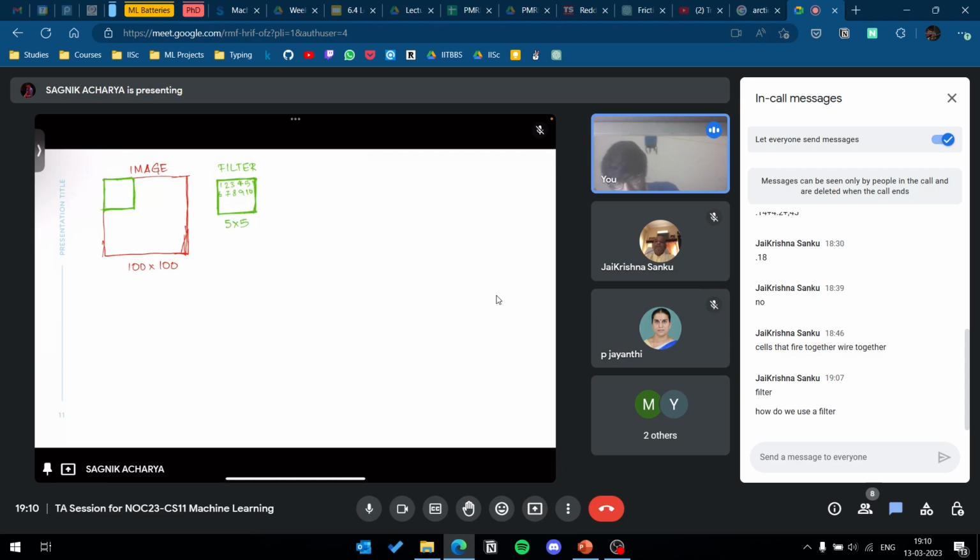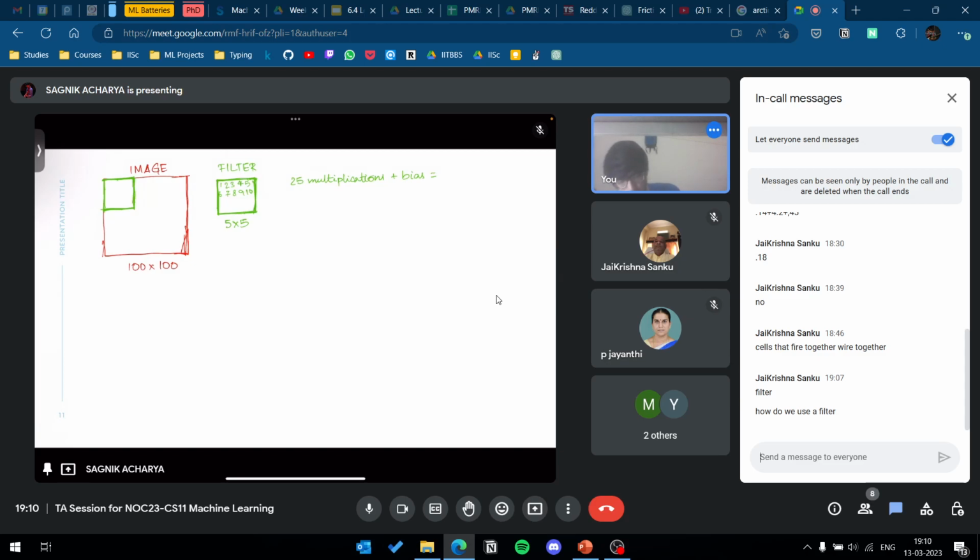So 25 entries in the image and 25 entries in the filter, we'll multiply those values. So we'll have a total of 25 multiplications. If you are also looking for any threshold, any bias value, then you add the bias, and out of this you'll only get one value.